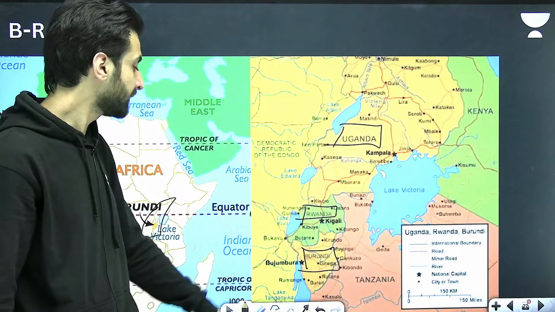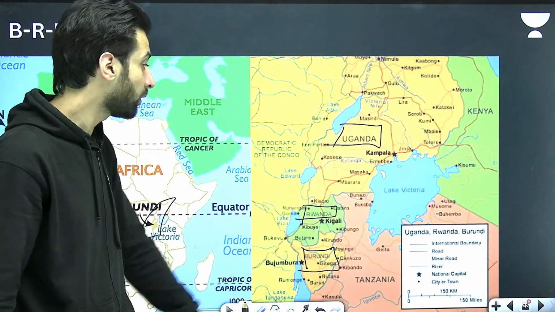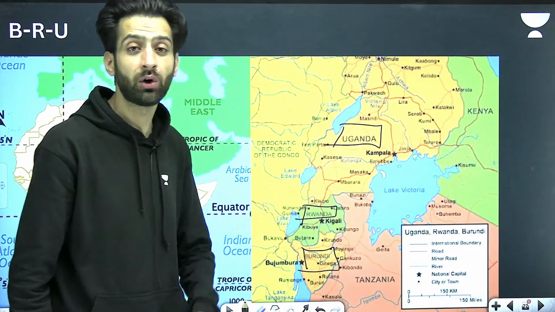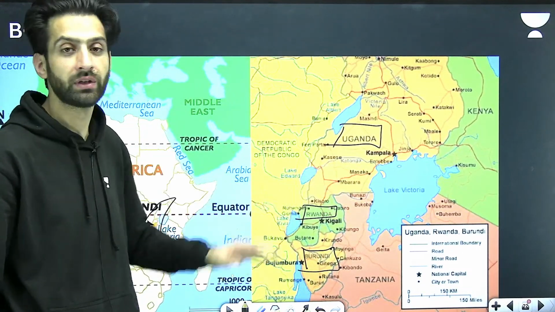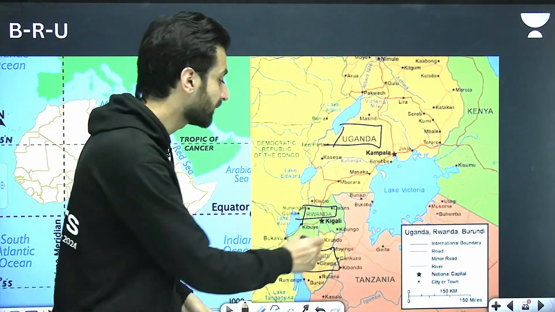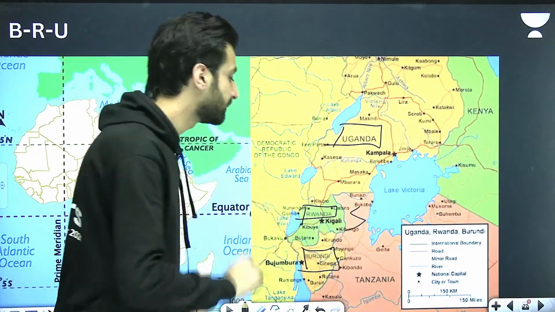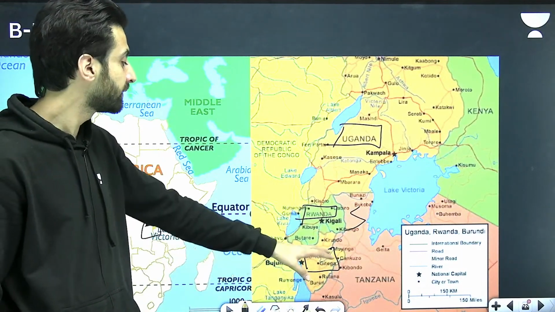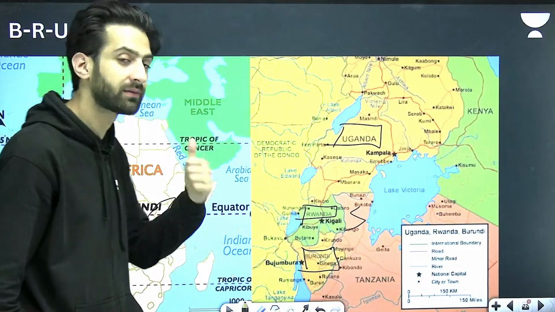Very important thing that you need to know is that only Uganda touches Lake Victoria. No other country, that is Burundi and Rwanda, is touching Lake Victoria, because there is Tanzania in between. The red color is Tanzania, lying between Lake Victoria and Burundi and Rwanda.